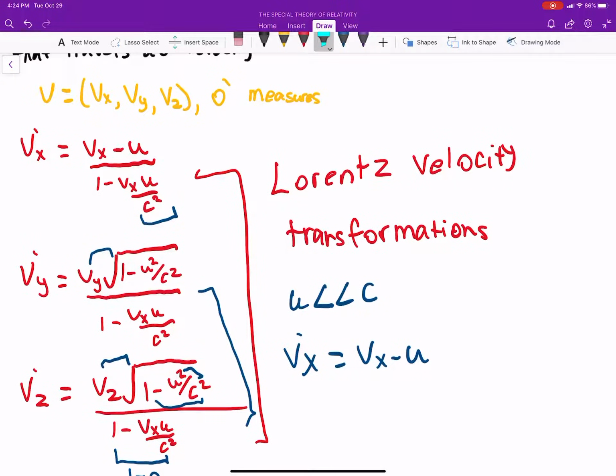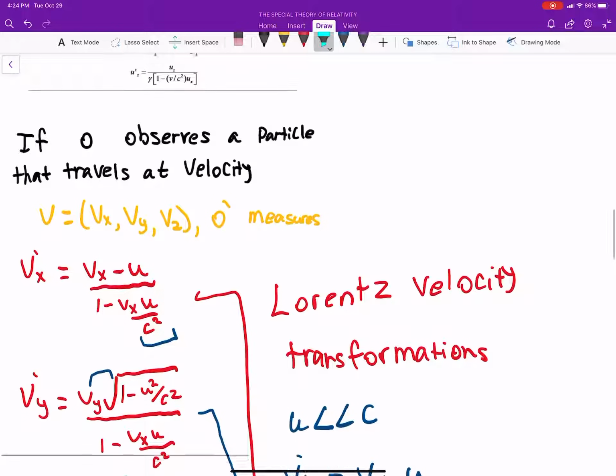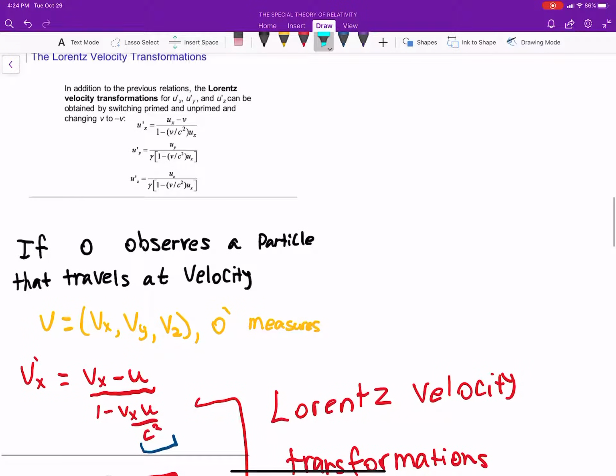So this is if you had some object or reference frame moving, and how you can relate the velocities of a stationary observer to a reference frame that's moving with a particle moving in it. Okay, so u is how fast the reference frame is moving, and v is how fast that thing in the reference frame is moving.